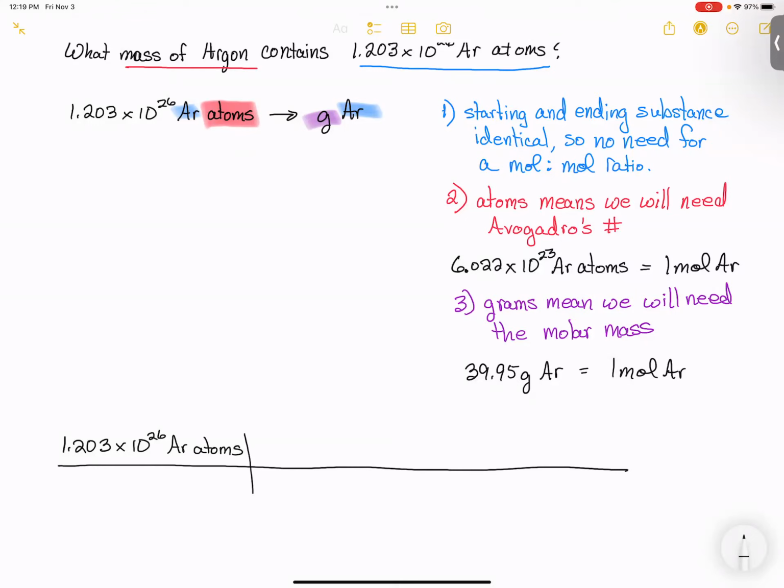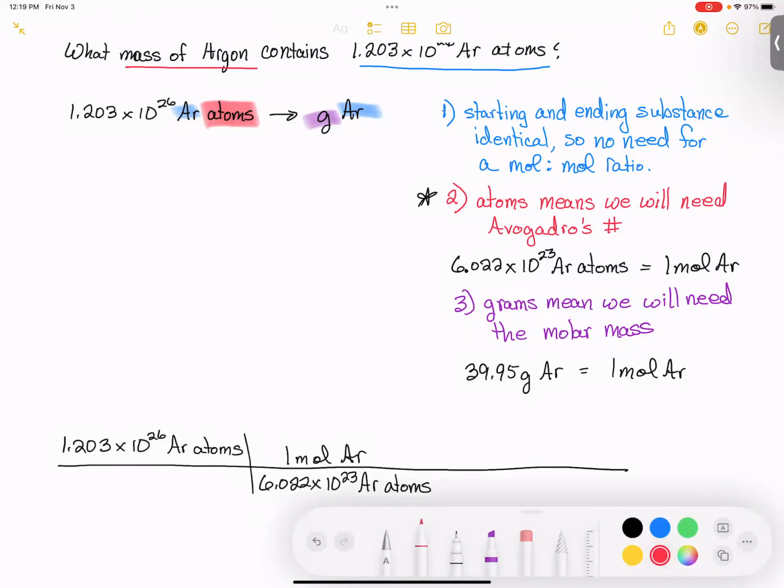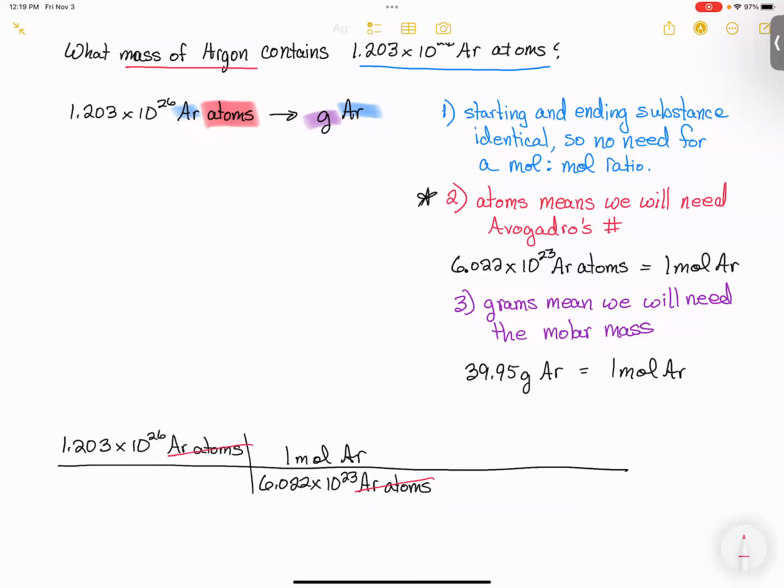So I'm going to need to use Avogadro's number. The argon atoms portion is going to go into the denominator with the mole in the numerator. The atom portion had to go in the denominator so that the unit and the substance will cancel out.